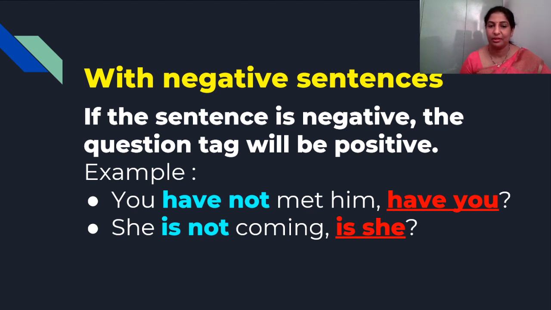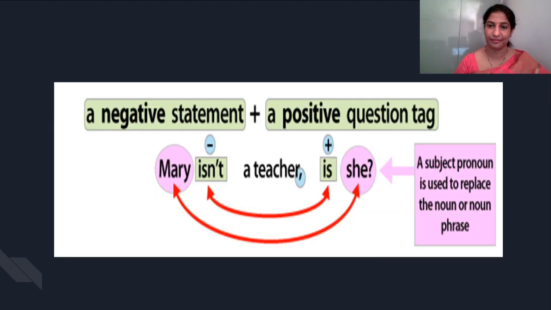Have not is made into positive in the question tag, so we have used here have you. She is not coming, is she? You can see in this statement the two parts, the statement and the question tag, separated by a comma and ending with a question mark.